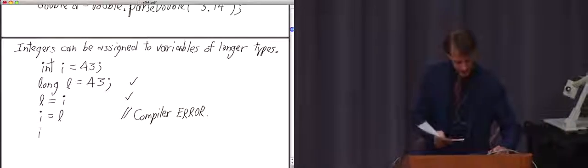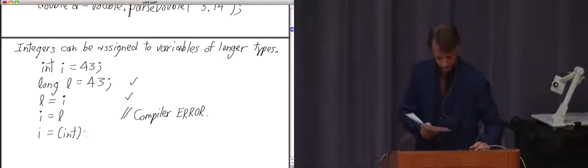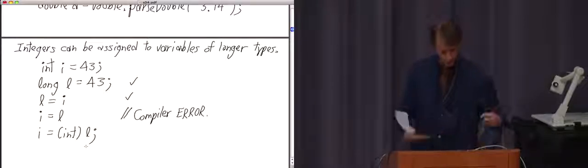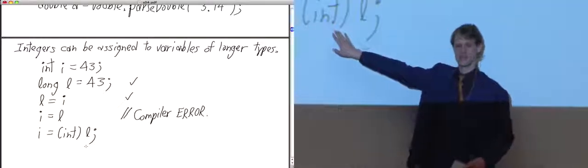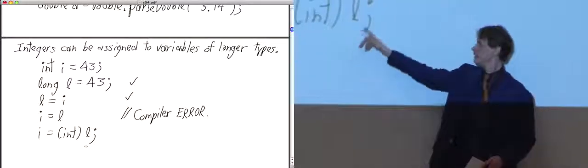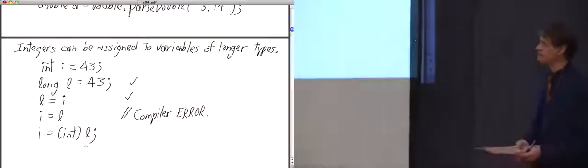And the way you do that is you use something called a cast. So if I write I equals, and then inside parentheses, int, and then L, that's my call to cast.